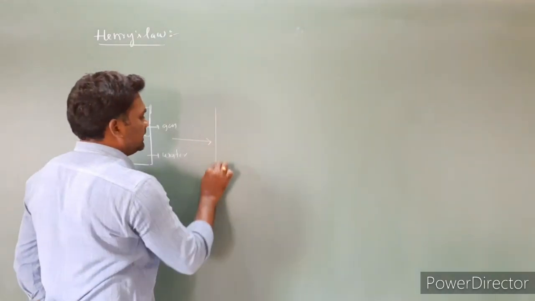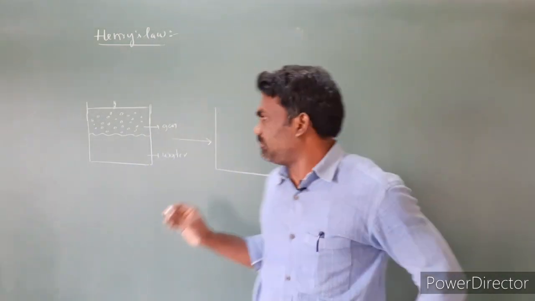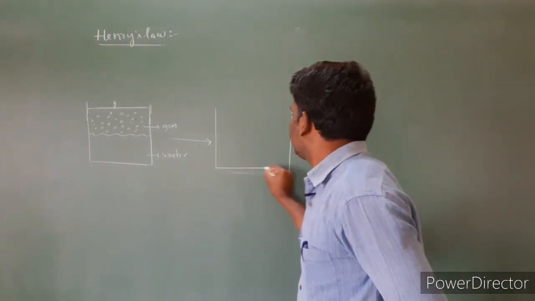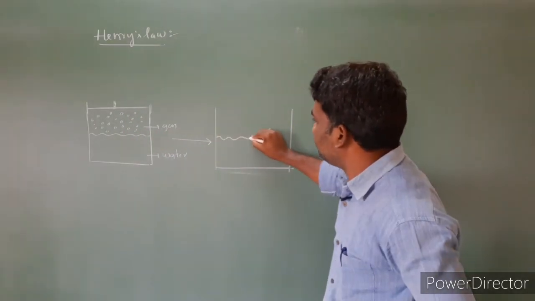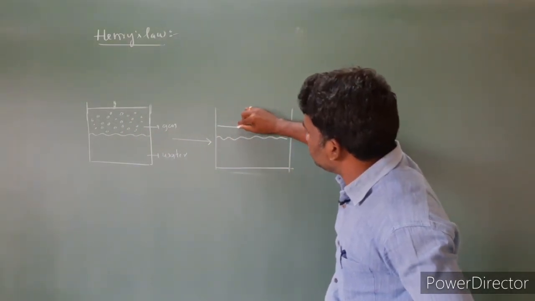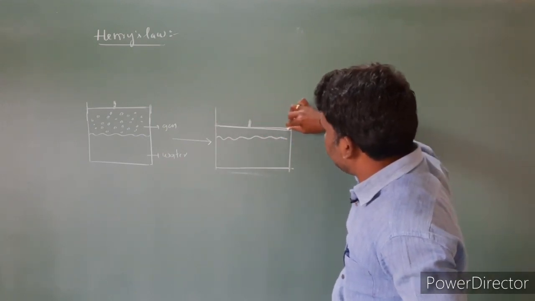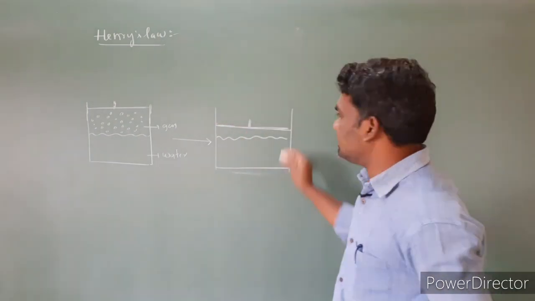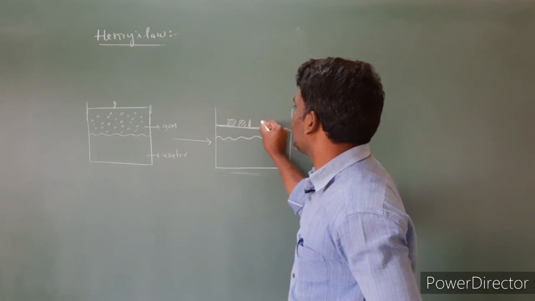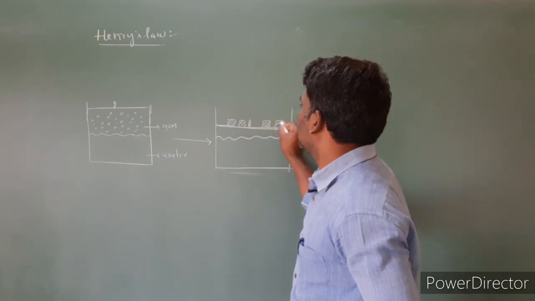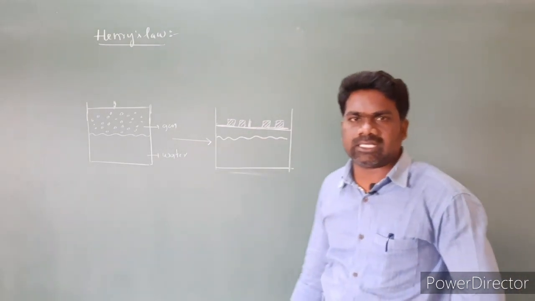Whenever the pressure upon the piston increases, the piston will move down. Suppose this is the new position of the piston. I am applying the pressure by placing some weight upon the piston. As a result, the gas is compressed.